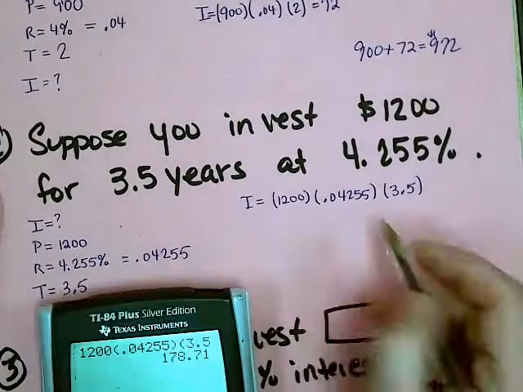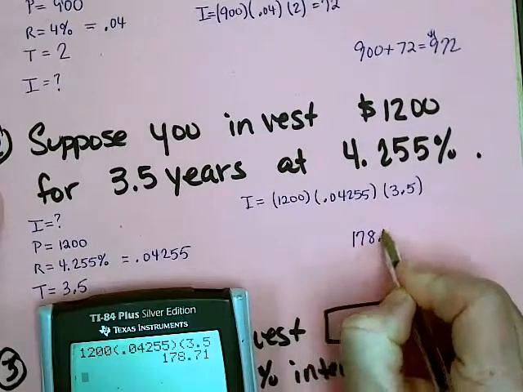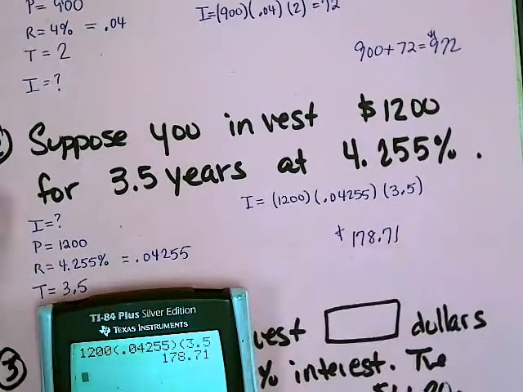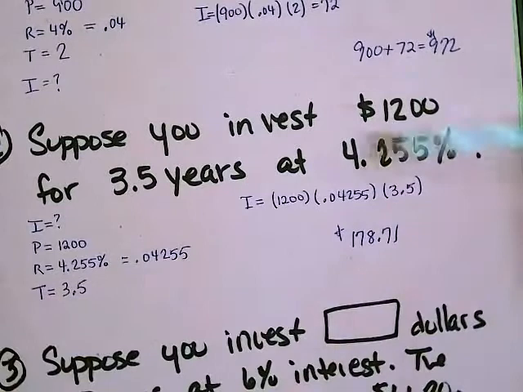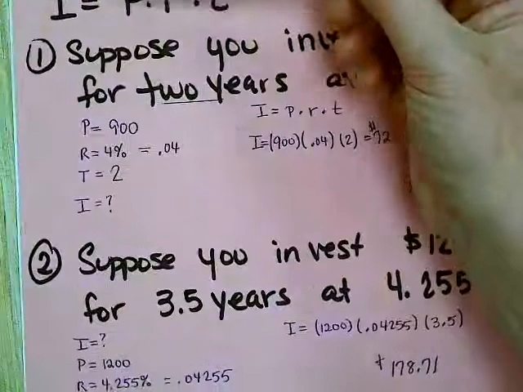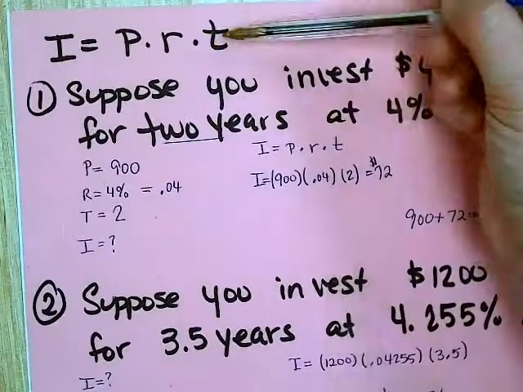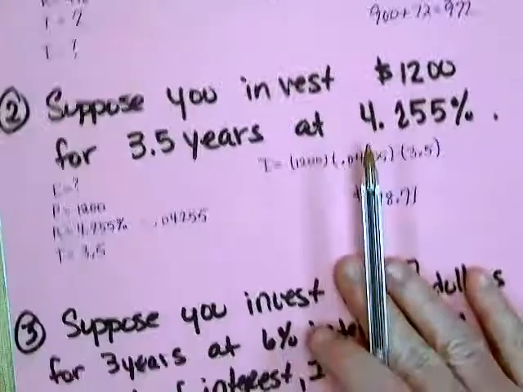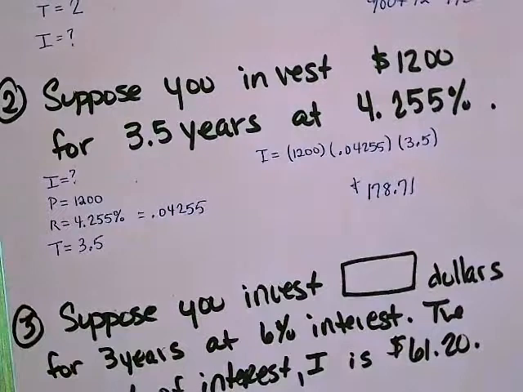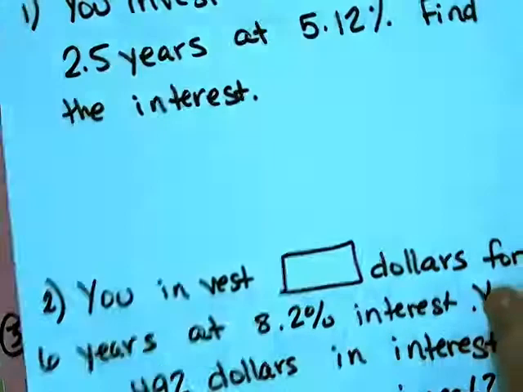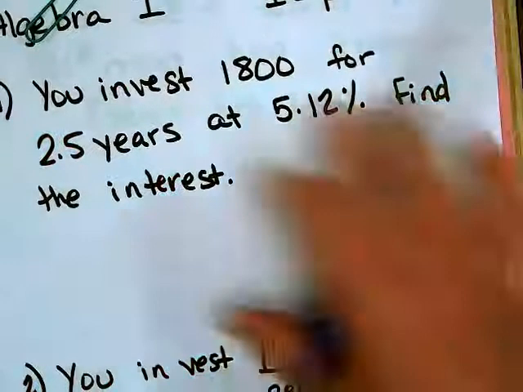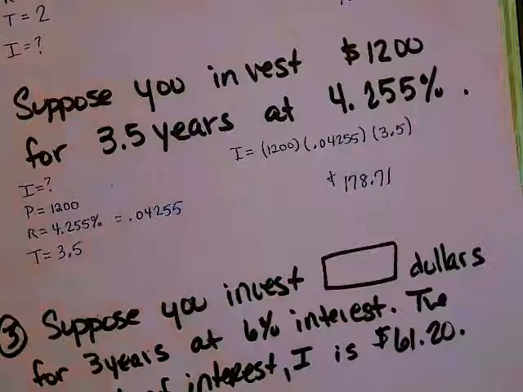And the interest is $178.71. Okay, now these 2 examples, you were given the P, the R, and the T, and all you had to do is come up with the interest. You have a handout for this, looks like this, and you can mark the first one. It goes right along with those.